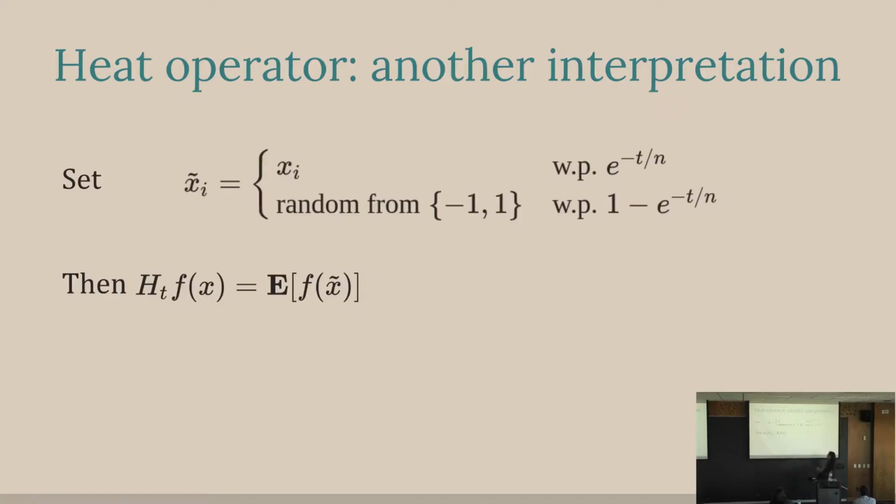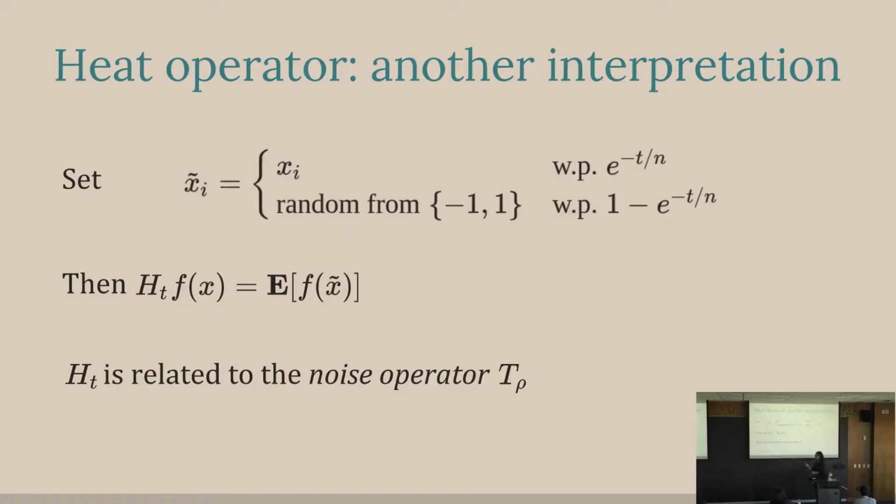You take the input of the function, and with some probability you keep it the same, and with some probability you re-randomize it, which means you pick a random number from -1 and 1 and set the input to that. So you add some noise to the input. This is called the noise operator, and the heat operator is essentially the same thing on the Boolean cube as the noise operator.